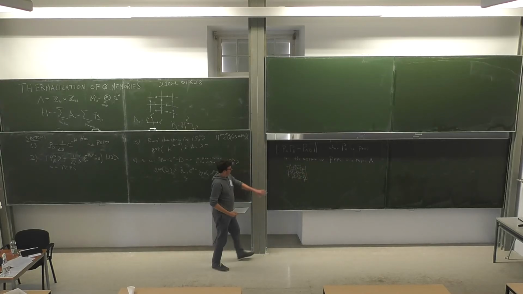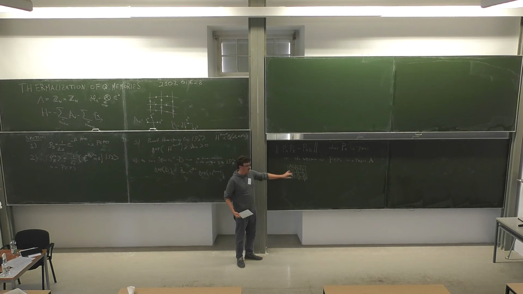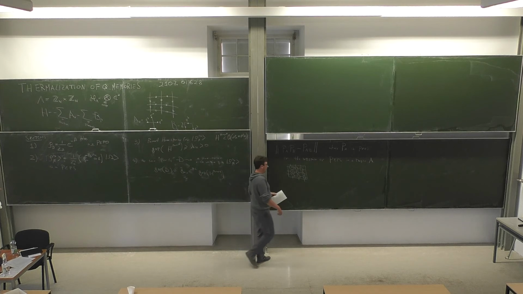And this gives you something living on the physical space, except that you have all these boundary sites still open and uncontracted. So there's not one possible state you can obtain from this. There is a subspace. If you fix the choice of a boundary, you get a physical state.